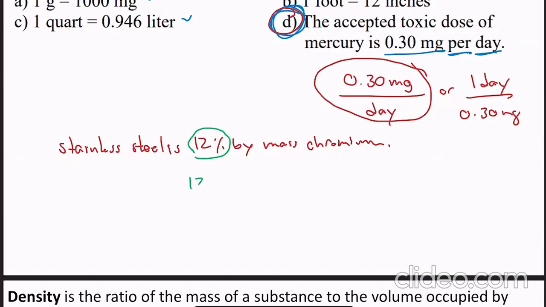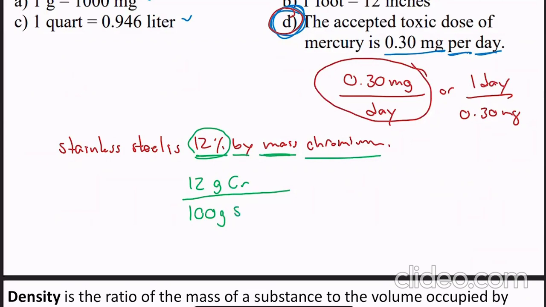Well, that's simply just 12 over 100. That's 12%. By mass. Well, what's a unit of mass that we've talked about today? How about grams? Grams is a unit of mass. So I got 12 grams over 100 grams, but it's 12% mass chromium.